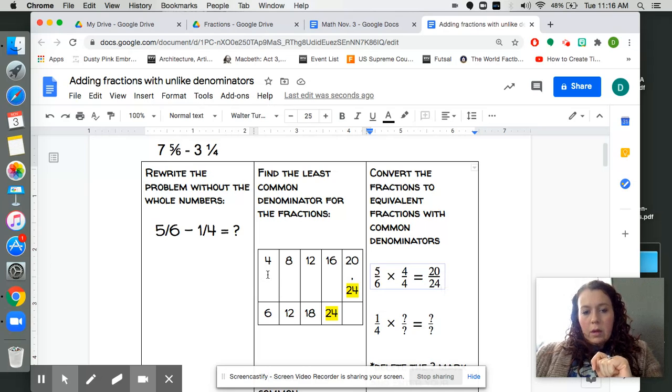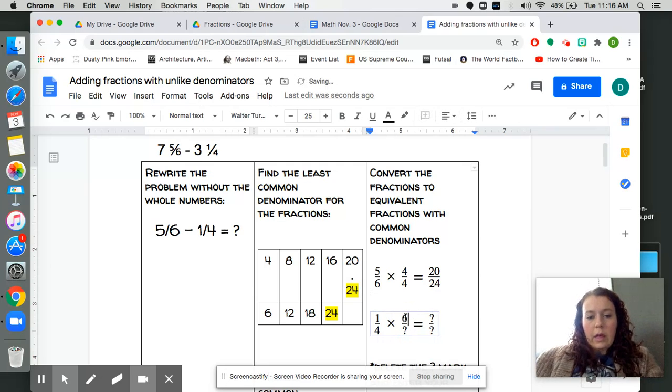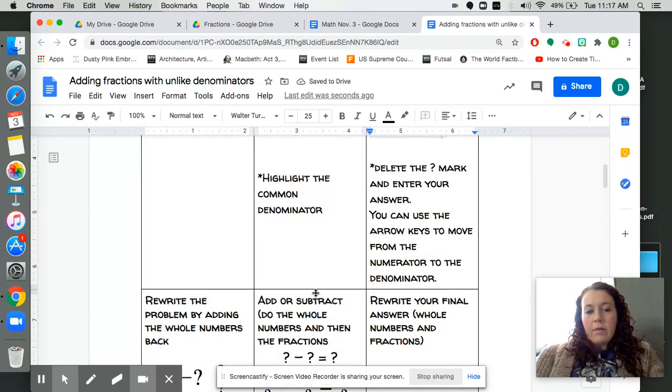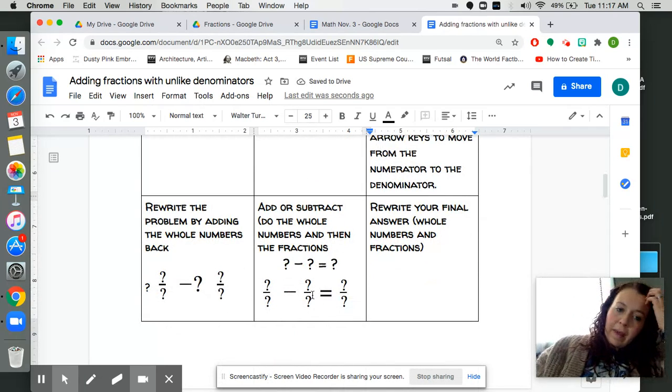So I'm getting 1, 2, 3, 4, 5, 6. So I'm going to multiply the top and the bottom by 6 to get 6 24ths. I'm going to go down, and it says to rewrite the problem by adding the whole numbers back.